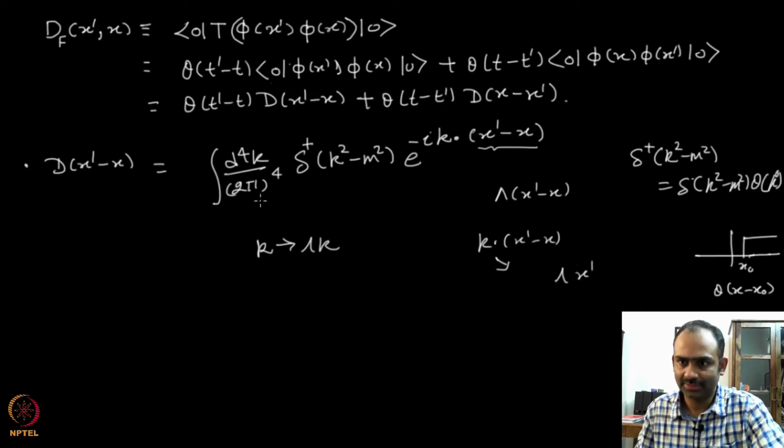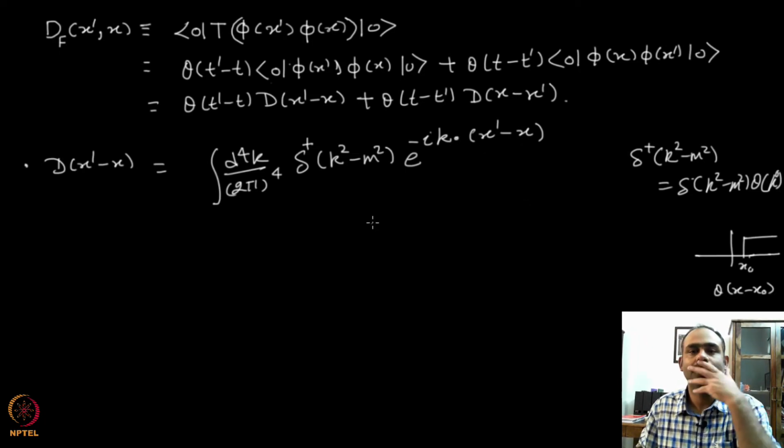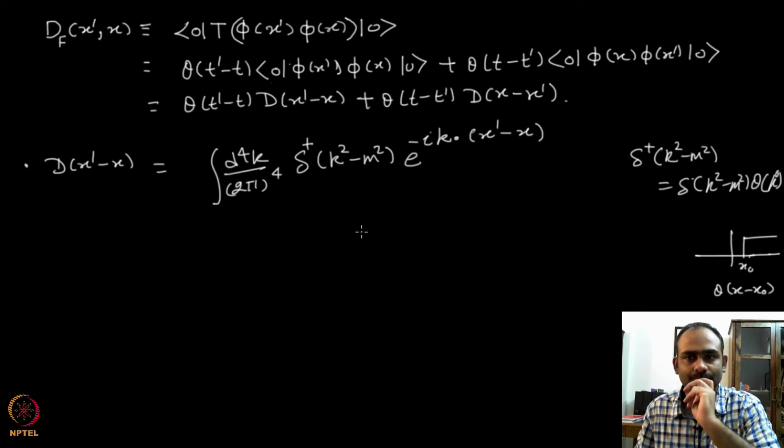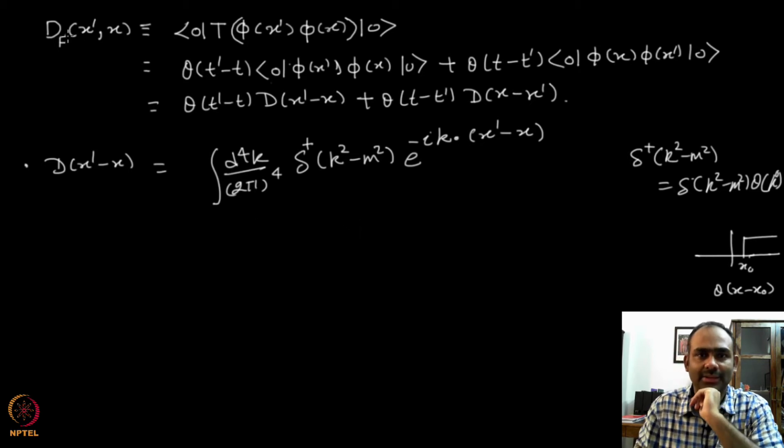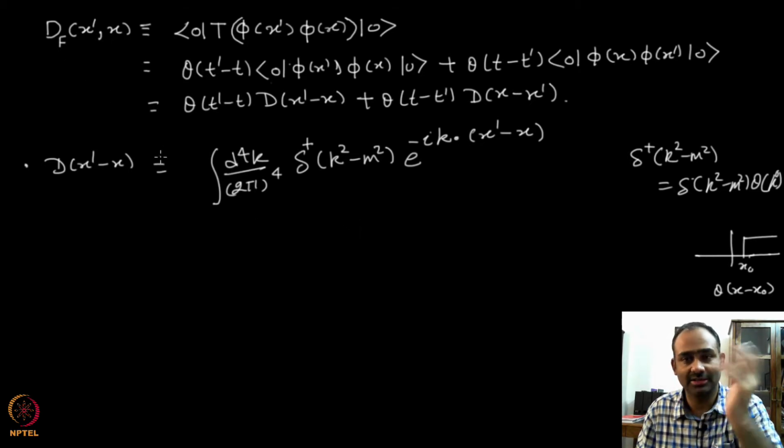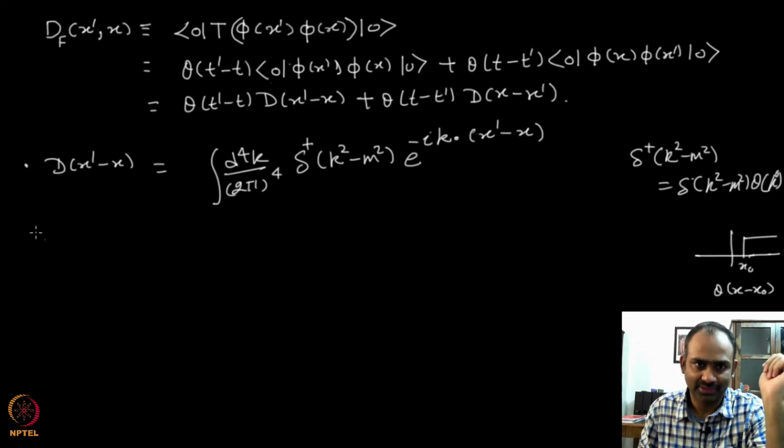Let me remove this. Okay, now what we want to ask is whether D_F(x' - x), the propagator, is also a Lorentz invariant object. Okay, that's the question.